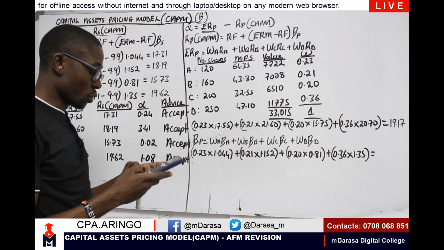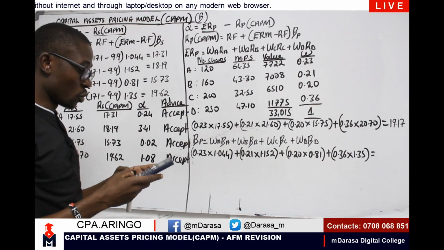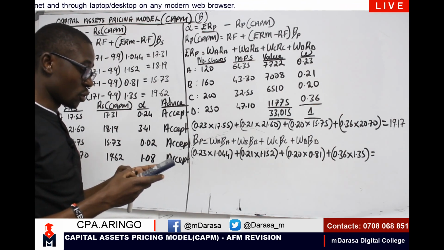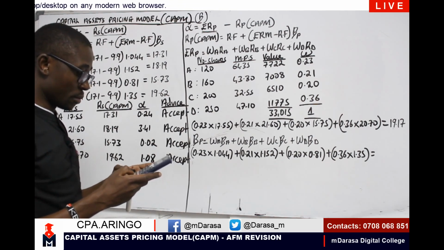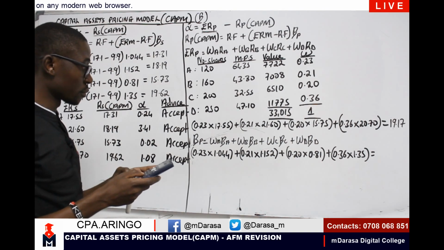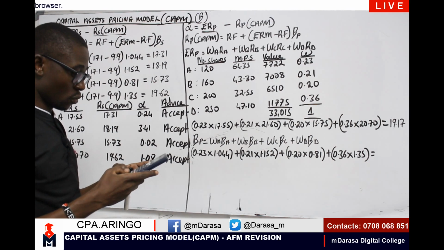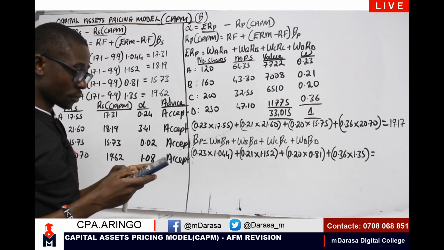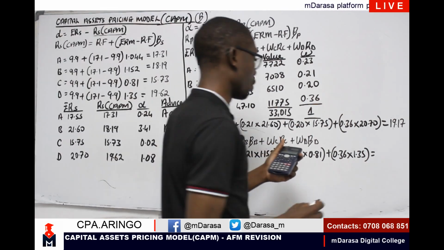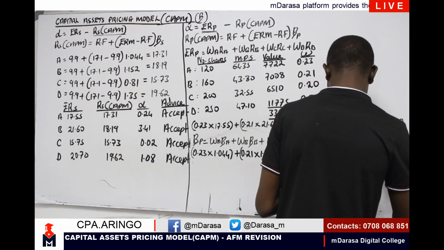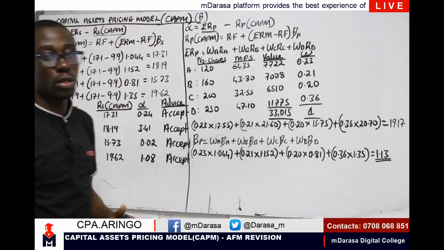That should be 0.23 times 1.044, 0.21 times 1.152, 0.20 times 0.81, 0.36 times 1.35. So this should give me a beta of 1.13. Kindly you can confirm, my good students.